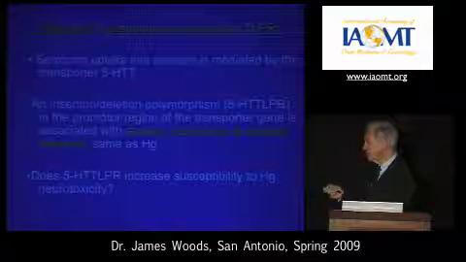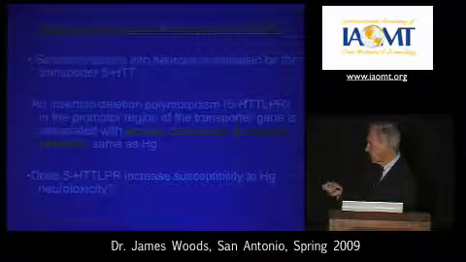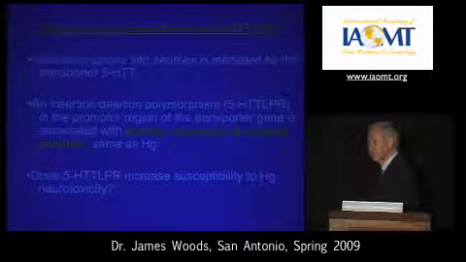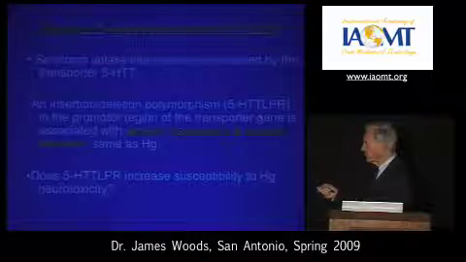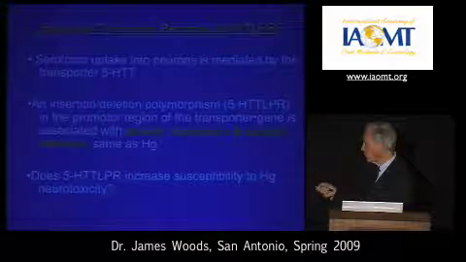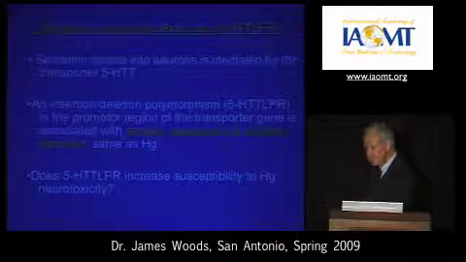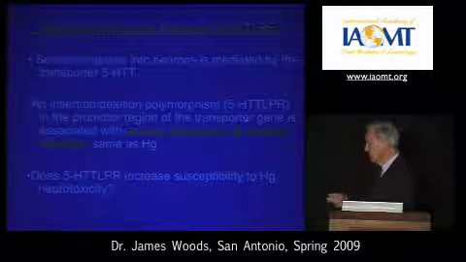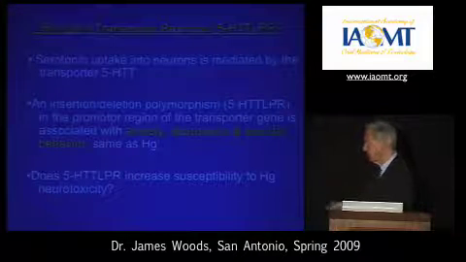The transporter has an insertion-deletion polymorphism that is referred to as 5-HTT, which stands for 5-hydroxytryptamine transporter, hydroxytryptamine being another word for serotonin. This is called a long polymorphic region that is very amenable to polymorphisms in the promoter region of this gene that transports serotonin into its receptor.